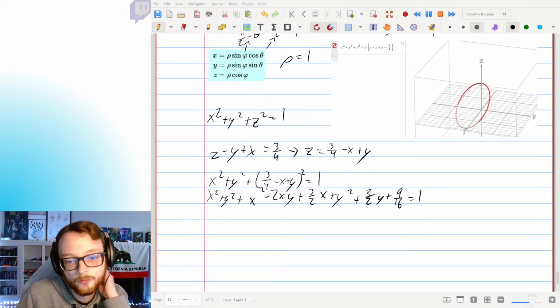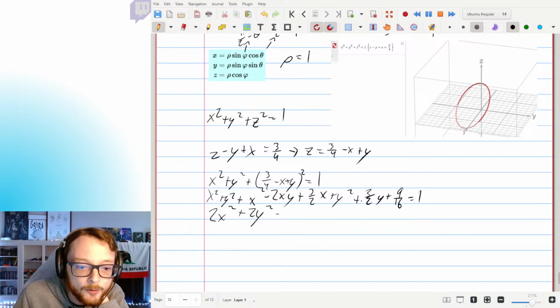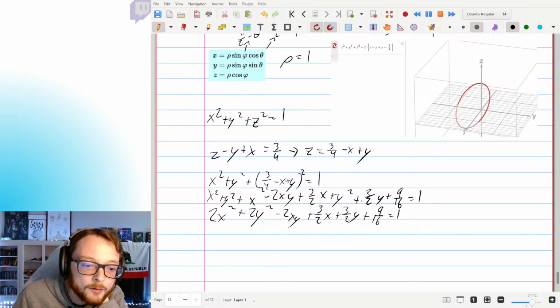Let's clean this up. We get 2x squared plus 2y squared. How do we deal with the xy term? That seems like a problem, doesn't it?